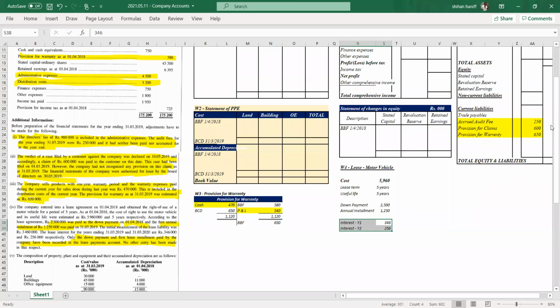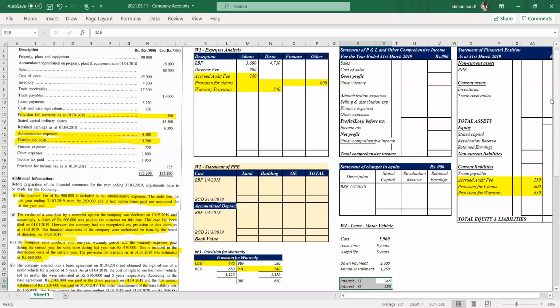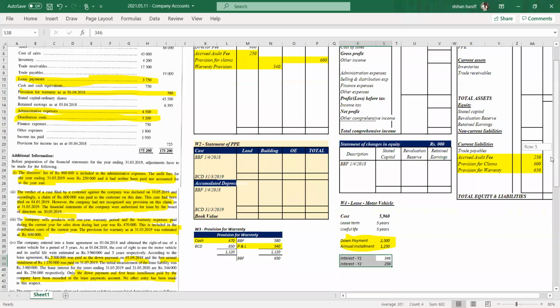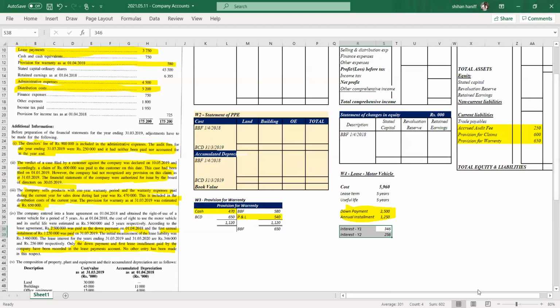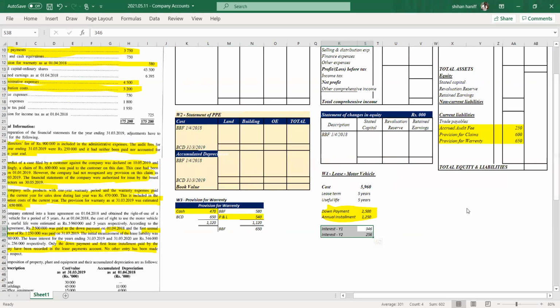If you check the trial balance, there is a lease payment of 3,750, the down payment and annual installment total, debited to the lease payment account. So let me show this in ledger accounts. Then you will get a better understanding.